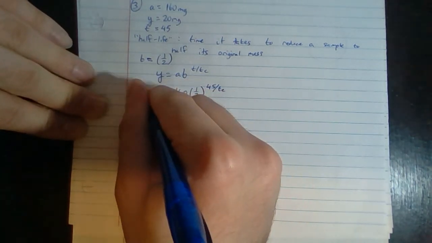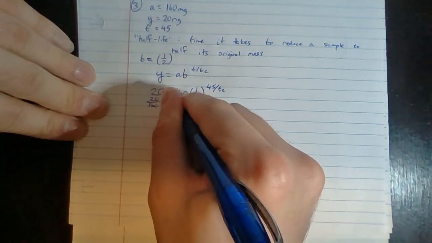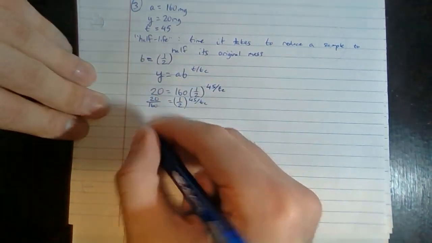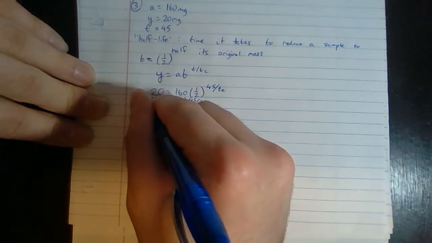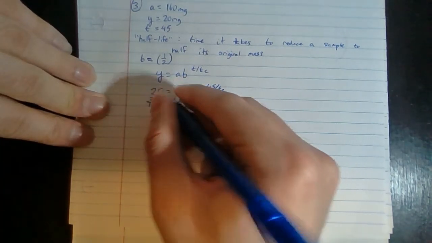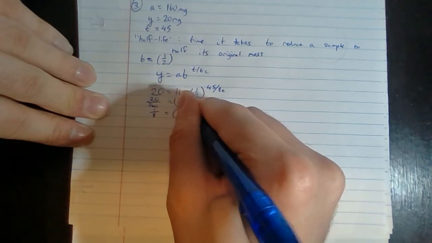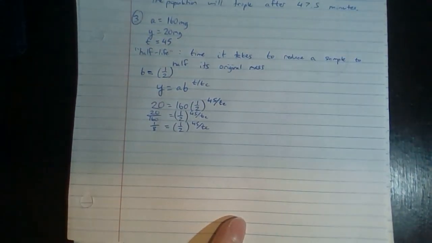So we get 20 over 160 equals 1/2 to the power of 45 over TC. 20 over 160, right away we can see 2 over 16 or 1 over 8 equals 1/2 to the power of 45 over TC.